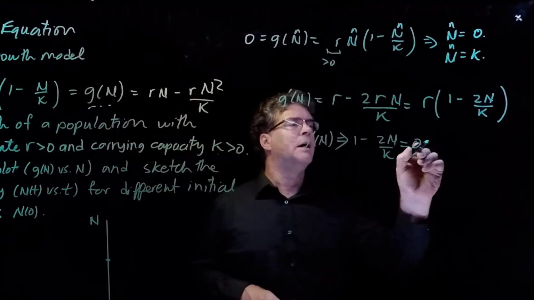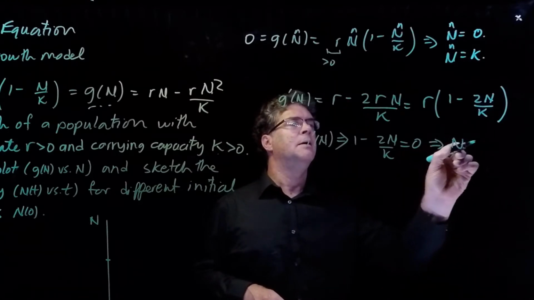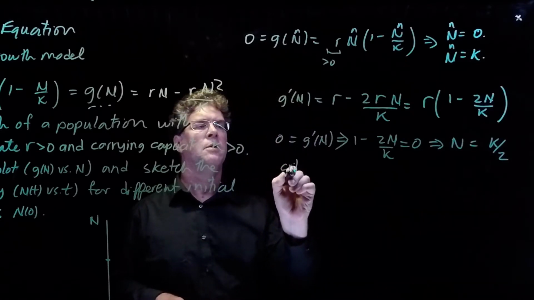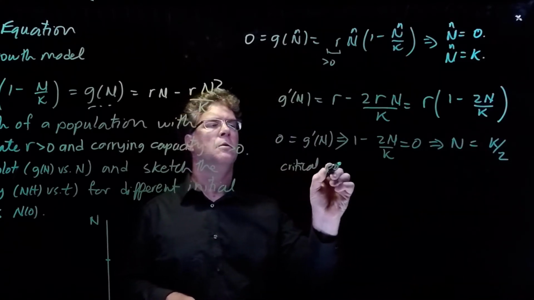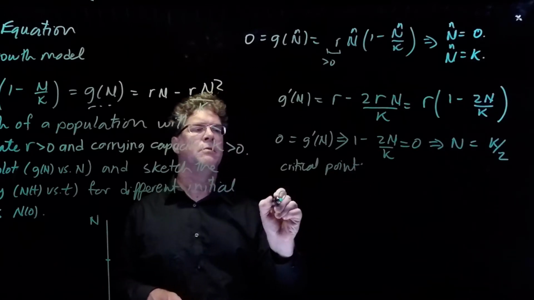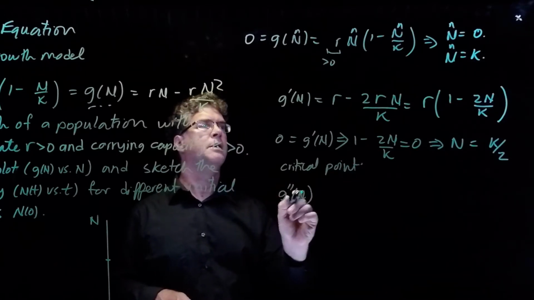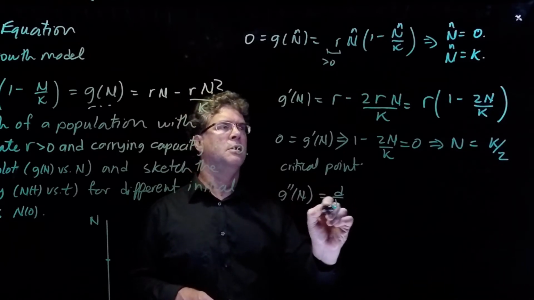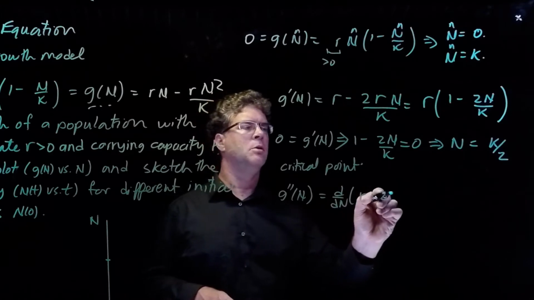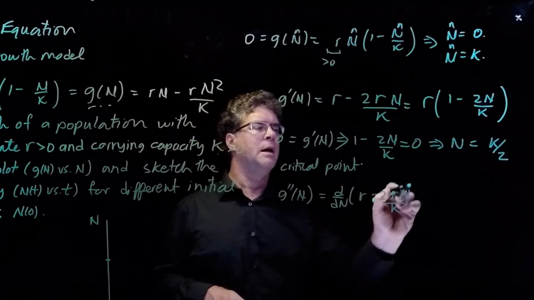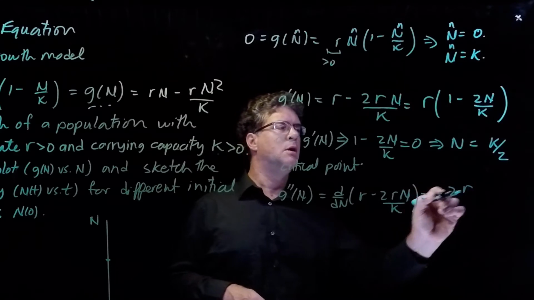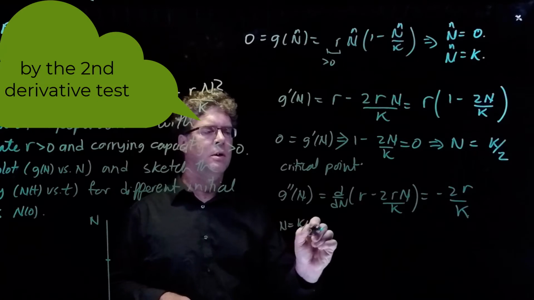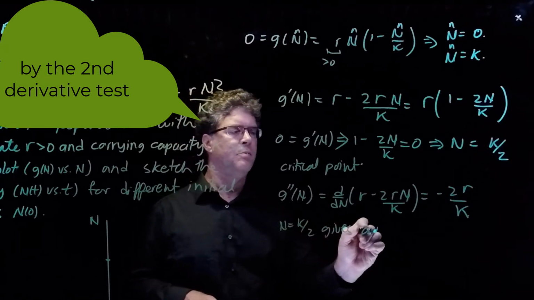And so that would imply that N is equal to K over 2. So this is a critical point. If we take the second derivative, g double prime of N, this is going to be equal to the derivative of r minus 2rN over K, and that's going to be minus 2r over K. And so N is equal to K over 2 gives a maximum.